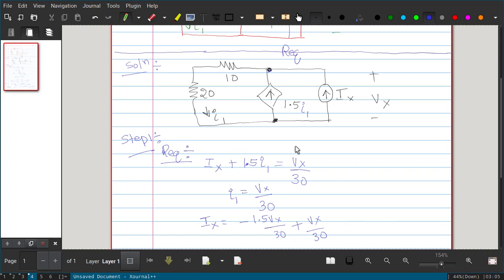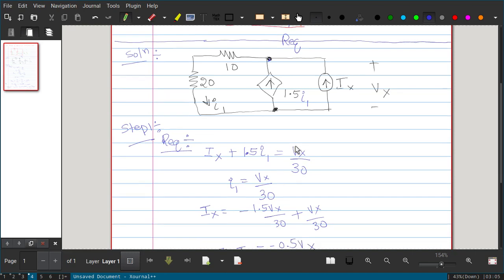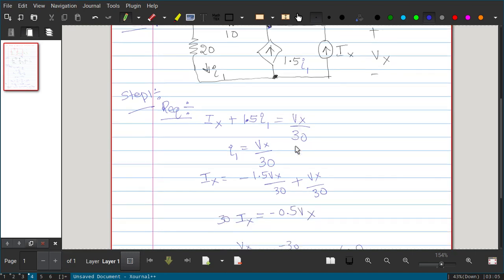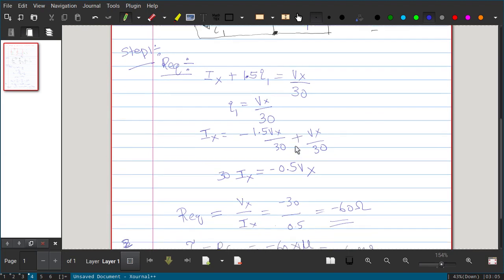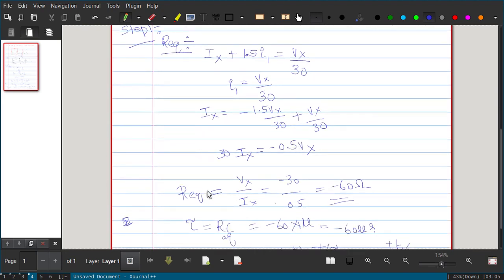If you simplify, R equivalent is equal to Vx by Ix, which is minus 30 by 0.5, that is minus 60 ohm.